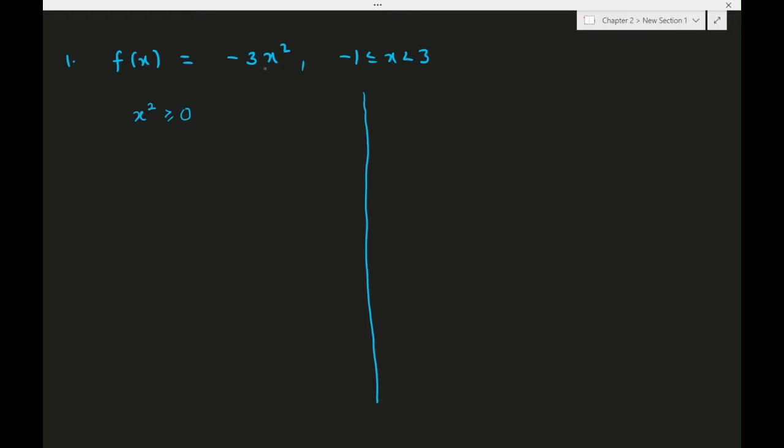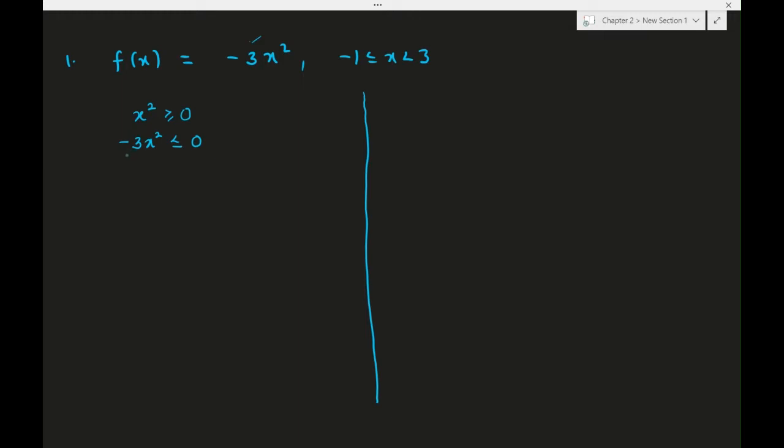Then let's use this information to try to create this function here. If I multiply this by 3, we have 3x squared. This will be less than or equal to 0 because we're multiplying by a negative number, negative 3.